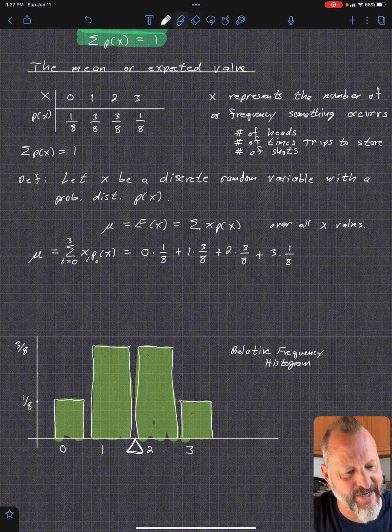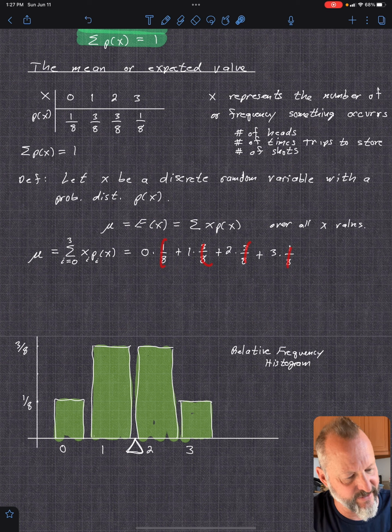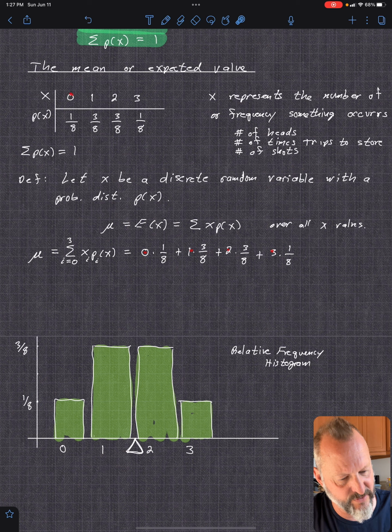Let's make sure these lined up right: 1/8, 3/8, 3/8, 1/8, and then 0, 1, 2, 3. Here's your x, there's your probabilities.